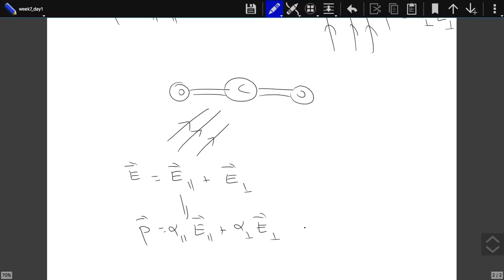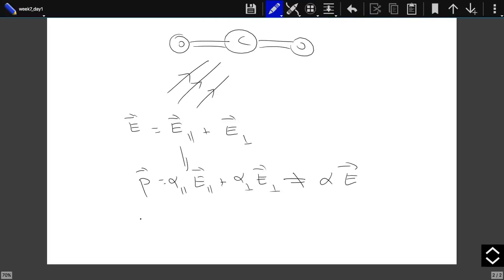But this time it is definitely not equal to some alpha times E, because these two numbers need not be equal. It will be easy to polarize the molecule along its line than perpendicular to its line.